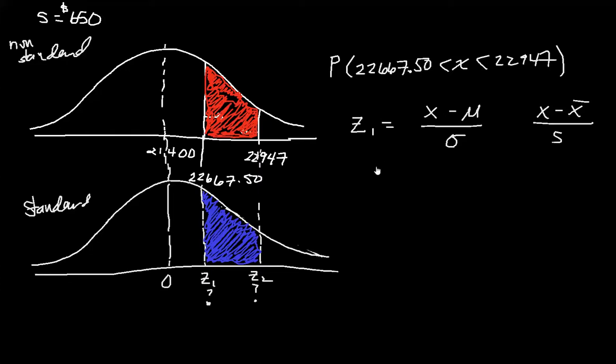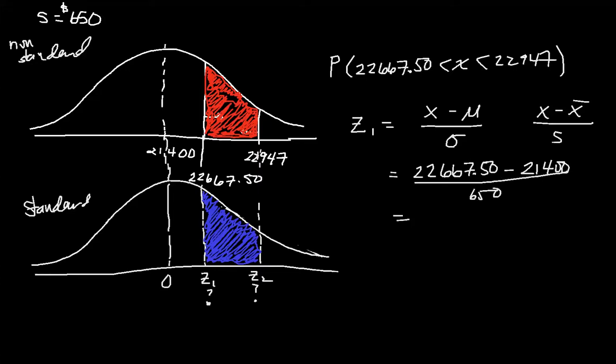So z1 will be x, which in this case is 22,667.50, minus the mean or the average, which is 21,400, and I divide everything by the standard deviation of 650.